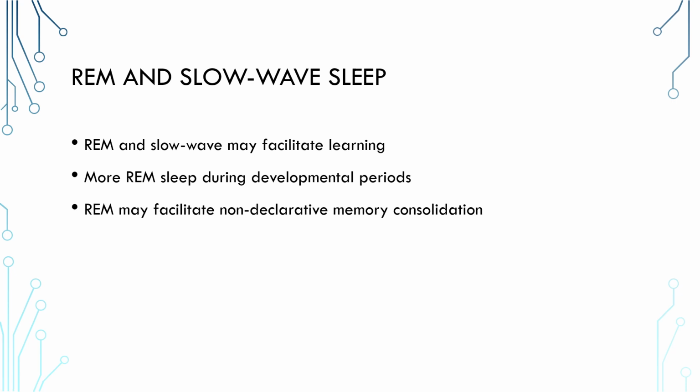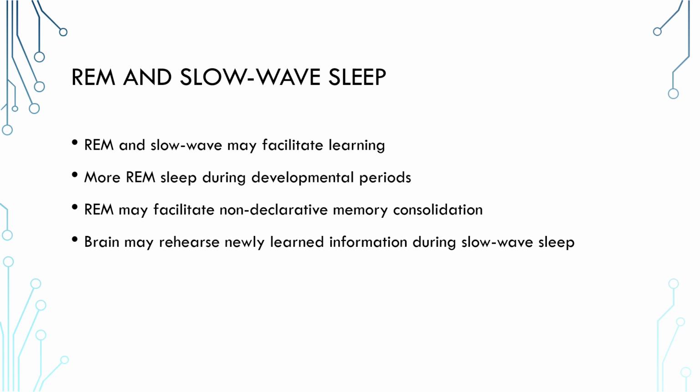We also think that REM sleep may help with memory consolidation, so non-declarative memory consolidation. And non-declarative, guys, means episodic memory, so personal memories. We think that REM sleep may be correlated with the memory consolidation for more personal events in one's life.